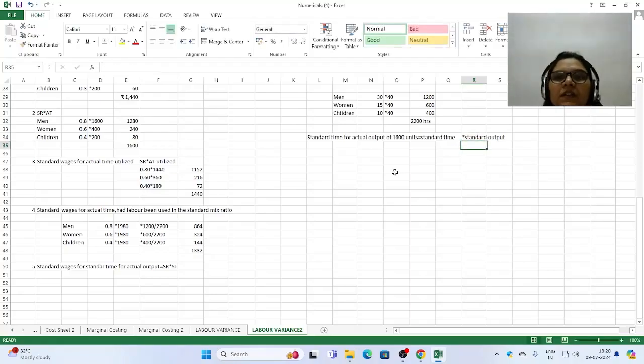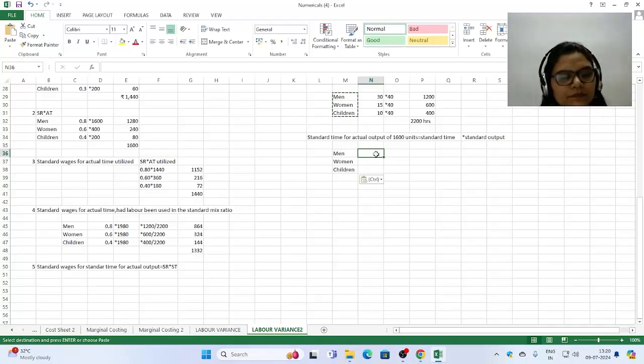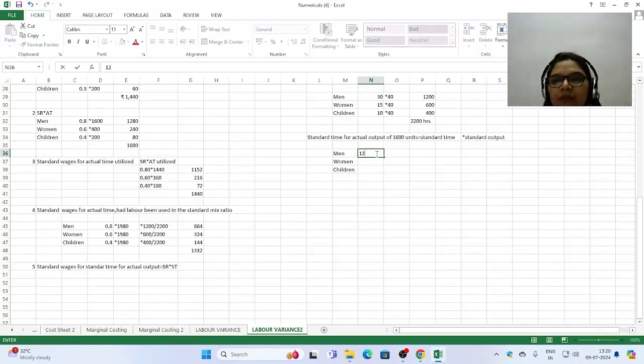Standard output. Standard time for standard output we will calculate for men, women, children separately. It will be 1200 into 1600, that is actual output, divided by, sorry, that is the standard time.